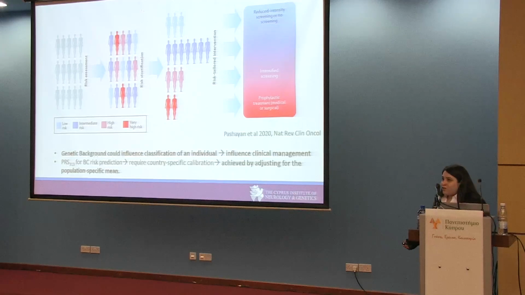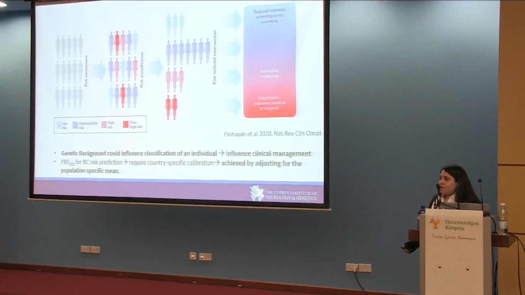So what does that actually mean? Here is a hypothetical scenario: a woman, let's say from Greece, goes for risk assessment, a healthy woman, and if the risk categories are defined based on the European threshold, then this woman will potentially be classified as a very high-risk individual, so she will probably be suggested to undergo prophylactic treatment.